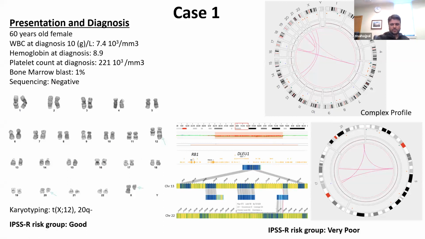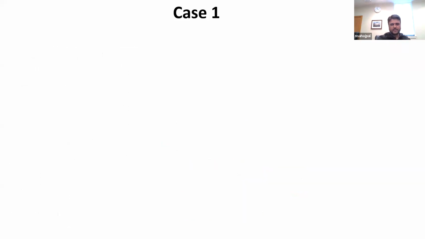So overall, it was a very poor risk stratification with optical genome mapping. If the physician was aware that the risk stratification group is very poor and the profile is complex, would there have been an altered therapy pursued at this time point?